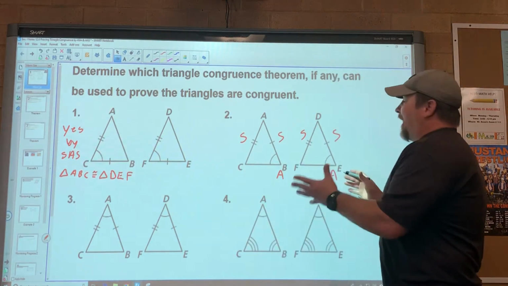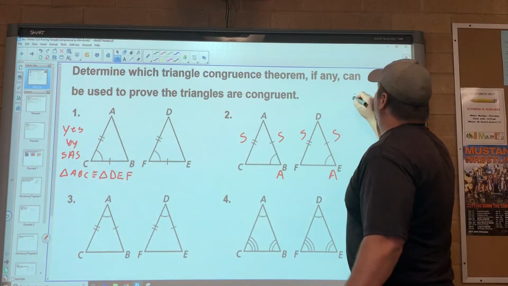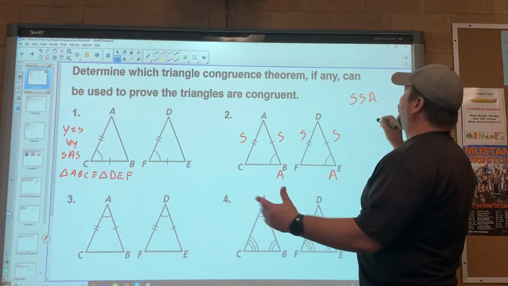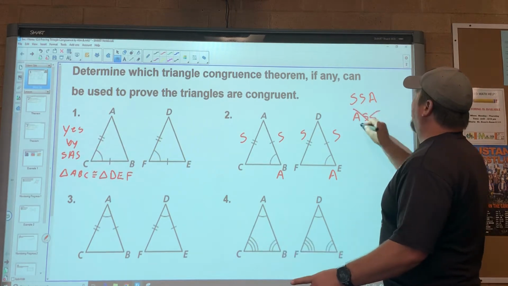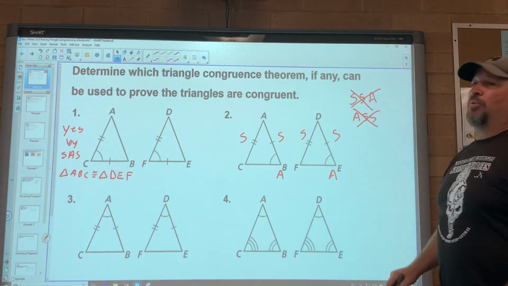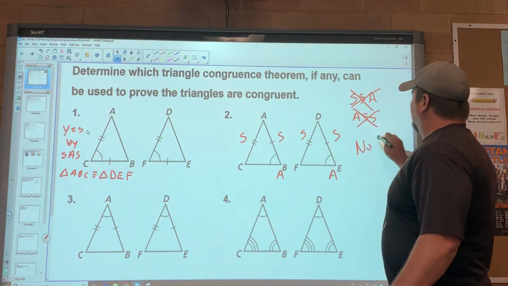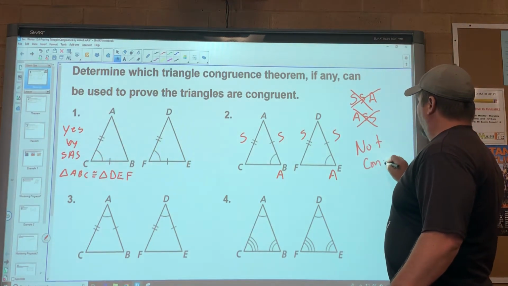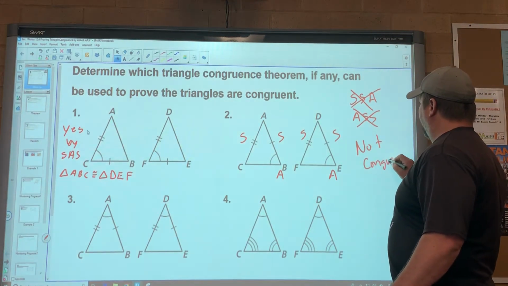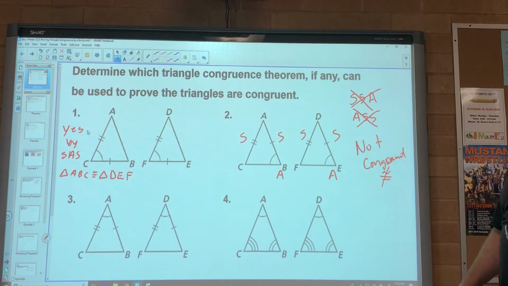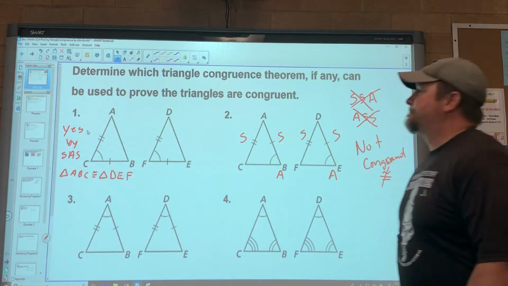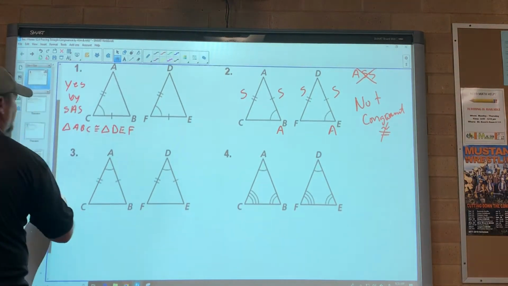They're in the right spots, but this one is SSA, or you could turn around and say ASS, and we already know those don't work. So not congruent, okay? Any questions on that? Okay, let's take a look at this one down here.